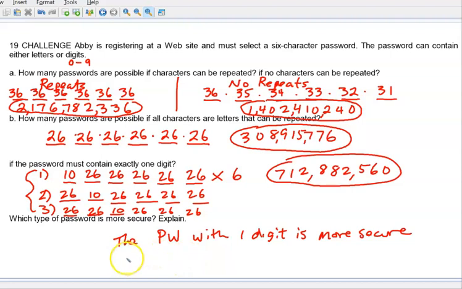Guessing at random with that is a 1 in 712,882,560 likelihood versus without the digit. Still a great long shot, but it's 1 in 308,915,776.